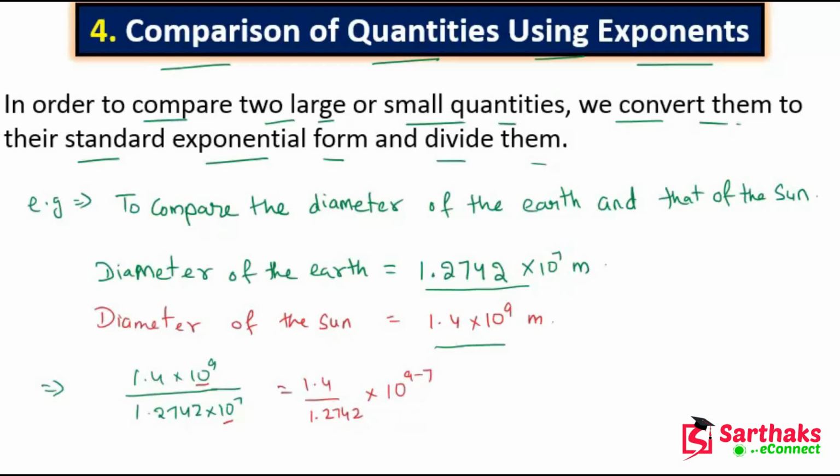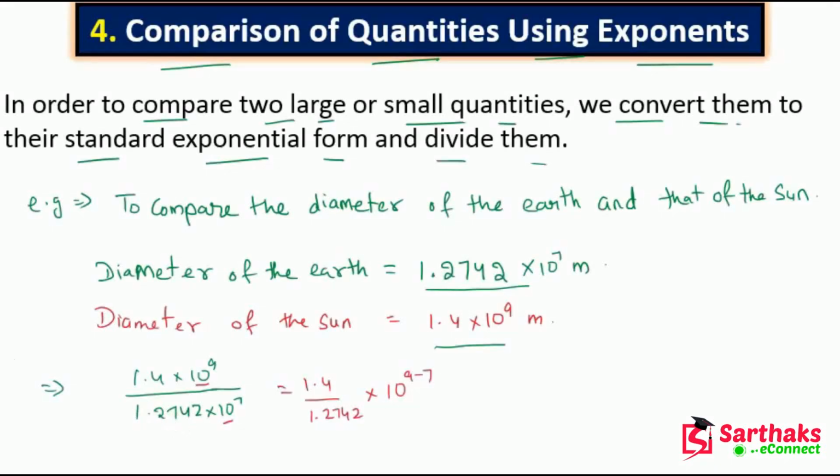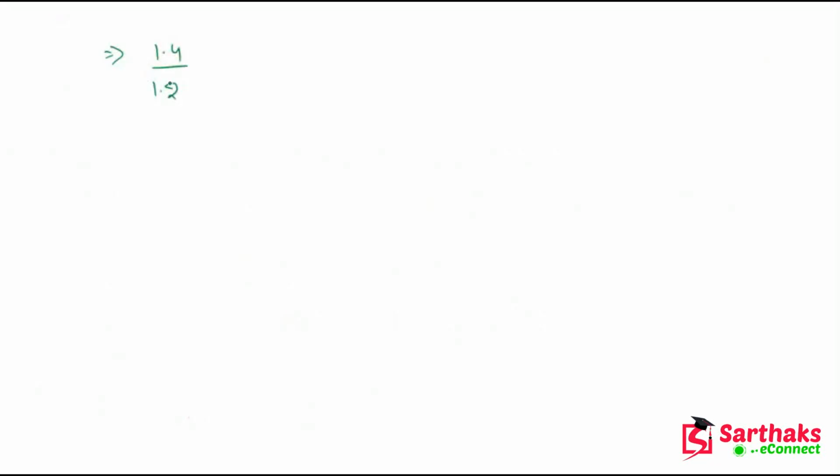So this will become 1.4 upon 1.2742 into 10 raised to power 2. Now if we remove this decimal, we get 10 raised to power 4 in the numerator, and if we remove this point, we get 10 in the denominator.